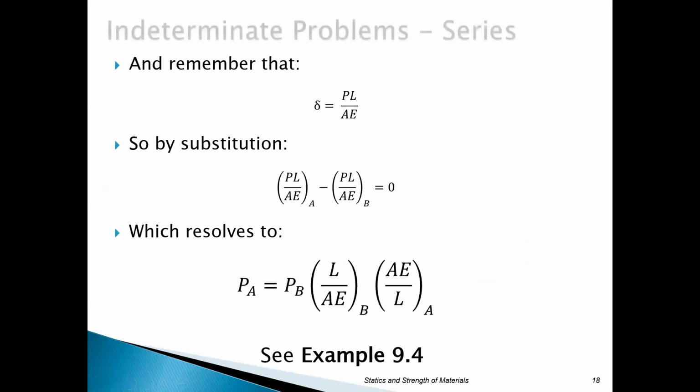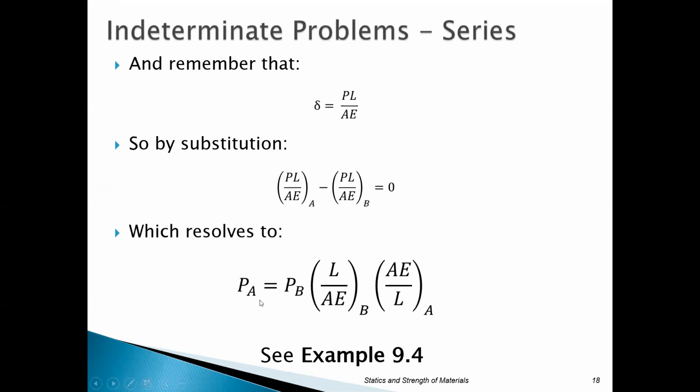So when we look at that, we can remember that deformation is related as PL over AE, okay? So if we substitute deformation of A and deformation of B, what we have is PL over AE for A and PL over AE for B. What we can then do, just by doing some rearranging, is put this side over here, pull this over here, and we wind up dividing one equation by the other.